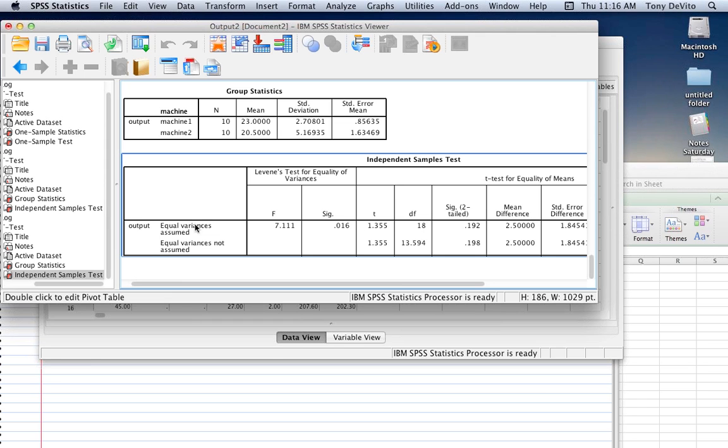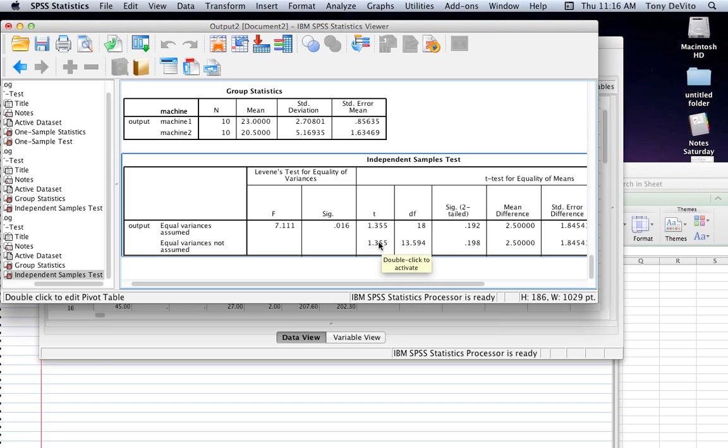Okay, so now let's figure out from here what the t-score is. Notice the results are pretty similar, right? Degrees of freedom are a little bit different, significance is a little bit different, but they're similar results. The t-score for the difference between the mean for machine type 1 and machine type 2 is 1.355. Still not very large, right?